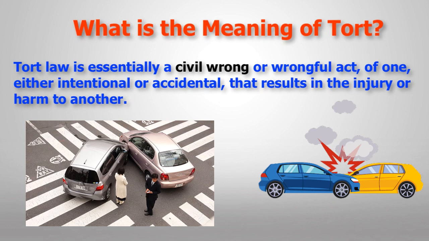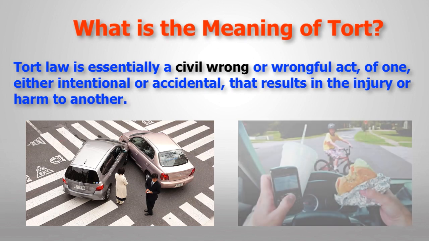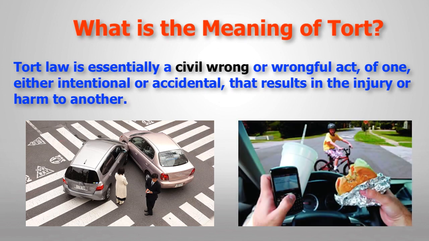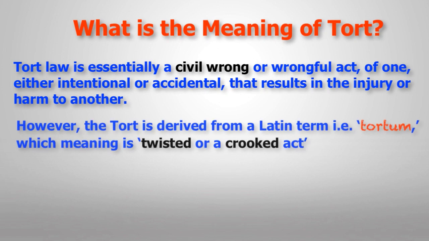So if your intentional act, accidental act, or negligent act is affecting or harming another, then it is tort. Okay. However, tort is derived from the Latin term tortum, and the meaning is twisted or crooked act.